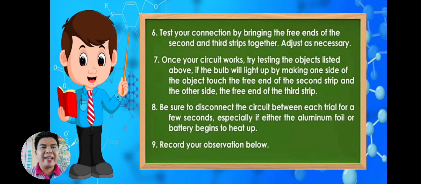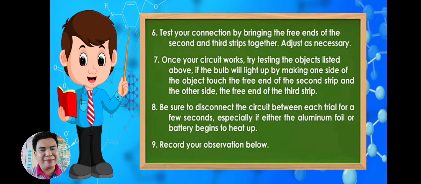See if the bulb lights up by making one side of the object touch the end of the second strip and the other side the end of the third strip. Number 8, be sure to disconnect the circuit between trials for a few seconds, especially if either the aluminum foil or battery begins to heat up.